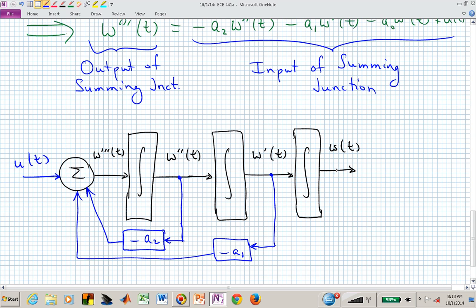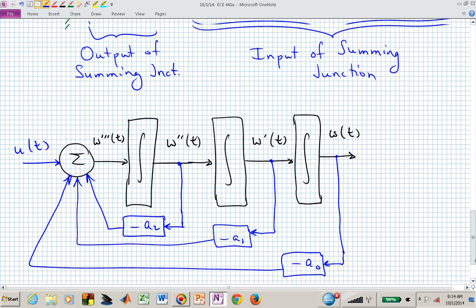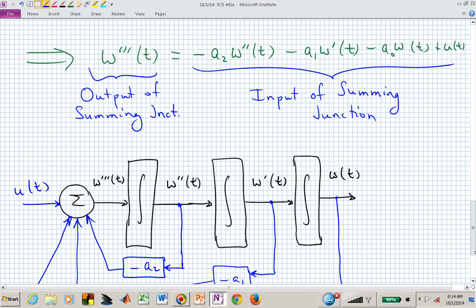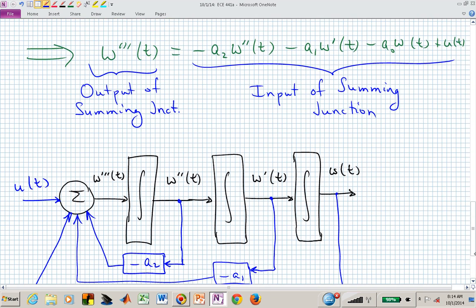Not too bad, but in terms of what you're going to say to me in a minute, you're really going to be frustrated. Why did I say that? Does everybody see where that comes from? We've now created a way of solving this differential equation with an all-integrator block diagram.